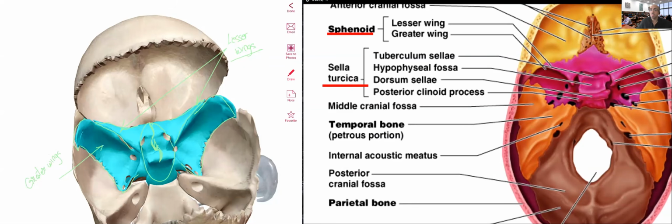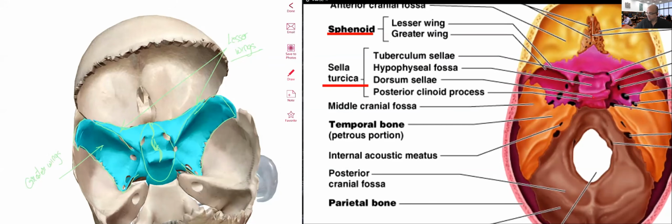This is my Sella Turcica. So again, we're looking at the sphenoid bone. It has two lesser wings, two greater wings, and this elevation, depression, and another elevation that will be as the body of a butterfly. This is my Sella Turcica.